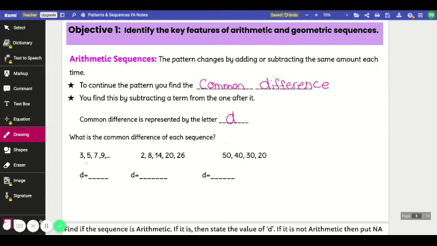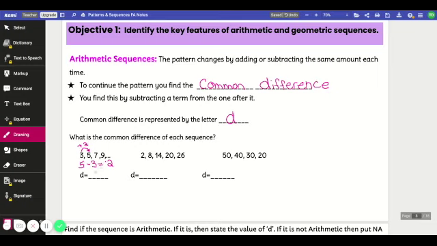So we have 3, 5, 7, 9. What I would do is subtract the term from the one after it. So 5 minus 3 is 2. It's a positive 2, so that means we are adding 2 each time.